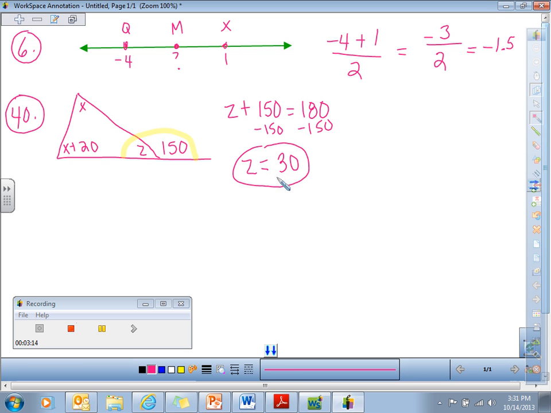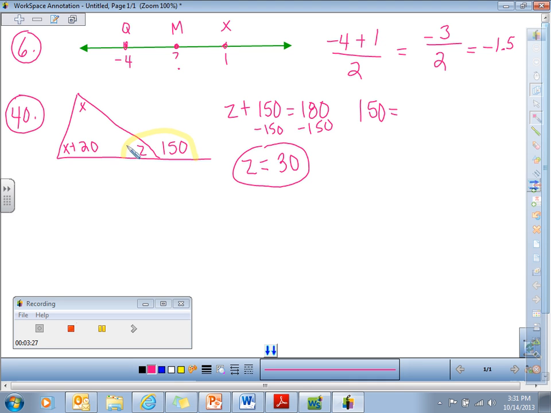Okay, and there's a few different ways we could solve for X, but I see that 150 is an exterior angle of that triangle. Y'all see that? Okay, so the exterior angle, and we talked about this last week, is equal to the sum of the two what? They are angles. What kind of angles?